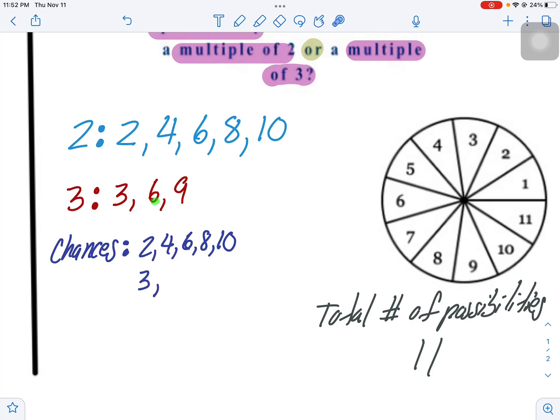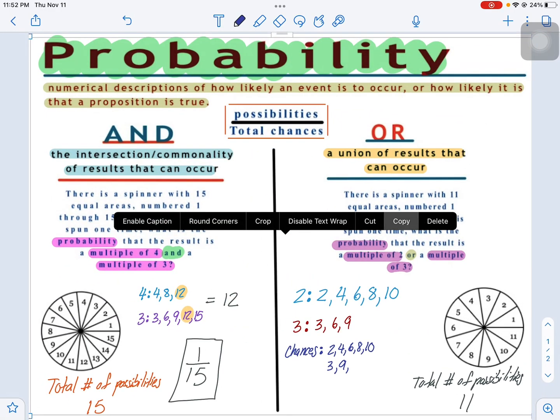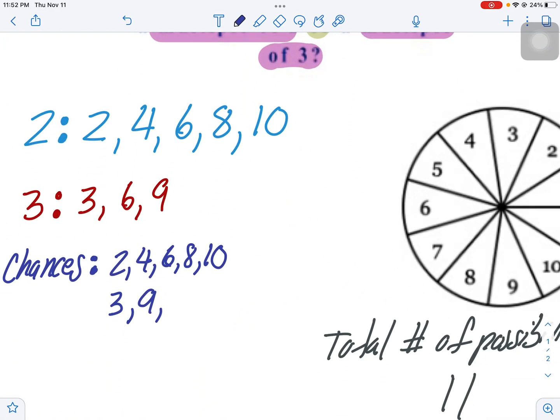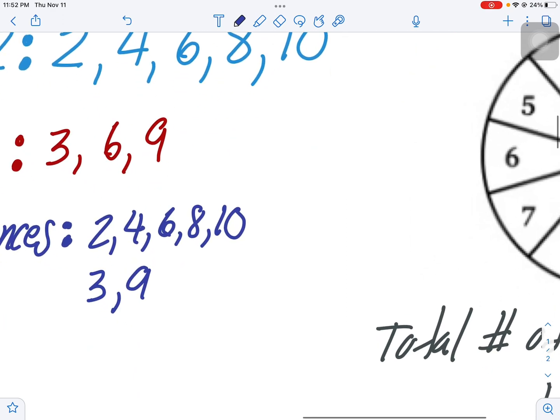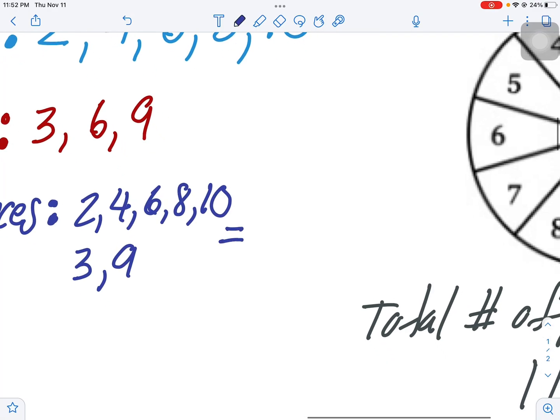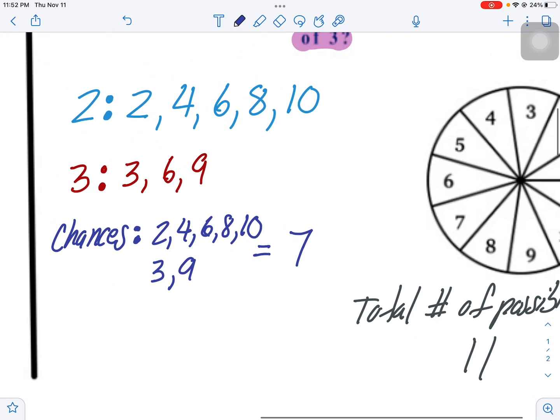Now 6. 6 is already here, so I don't need to write 6 again because 6 is already counted. And then I have 9. So how many is that total? Let's see. 1, 2, 3, 4, 5, 6, 7. So that's a total of 7.